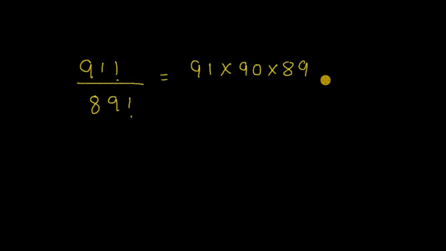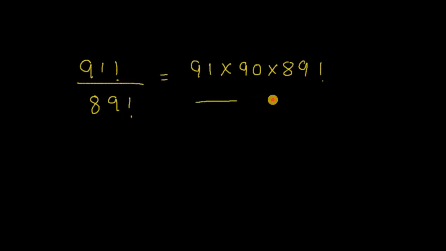Now let us take 91 factorial divided by 89 factorial. See, these are real big numbers. We can use the shortcut method that I told you. So 91 into 90 into 89 factorial, since after 89 it will be 89 into 88 and so on, which is the same as 89 factorial.